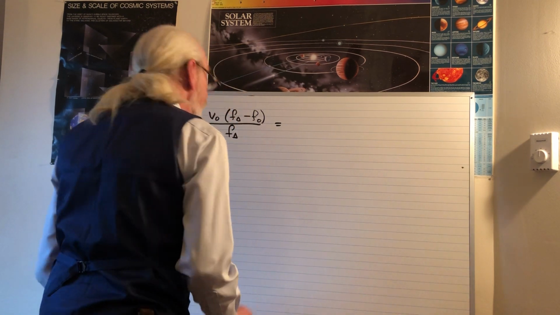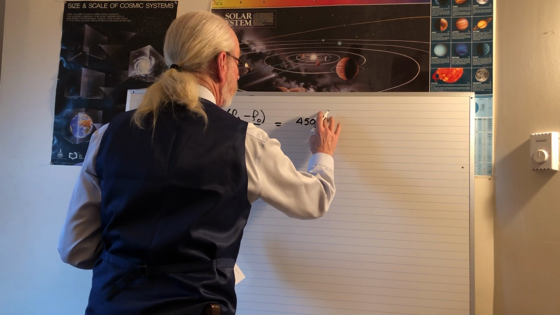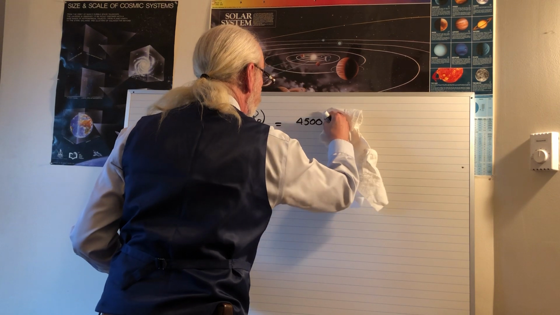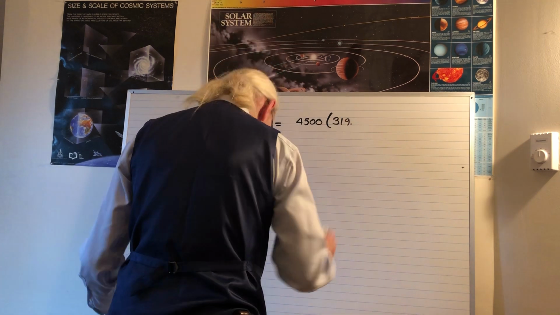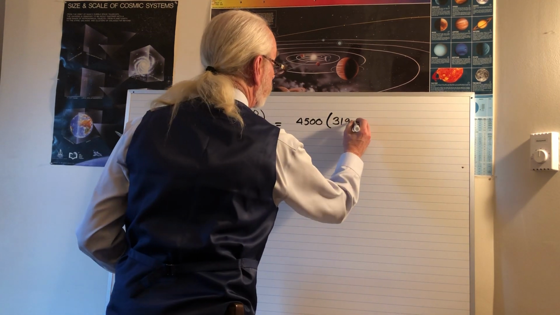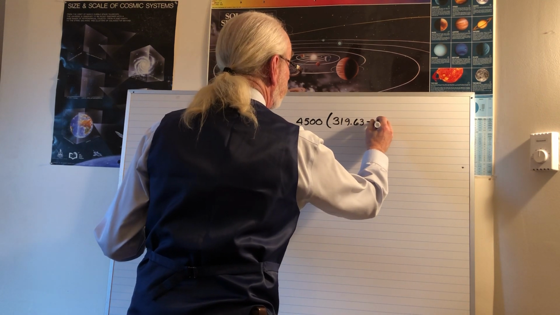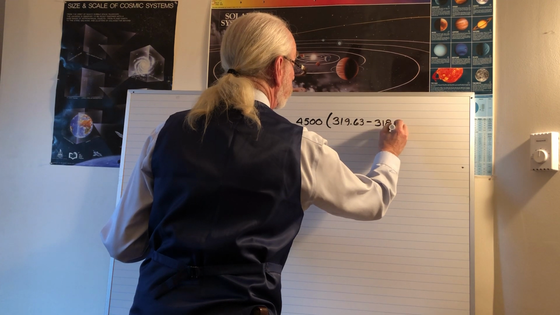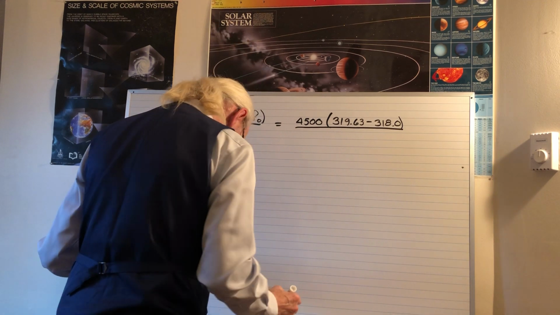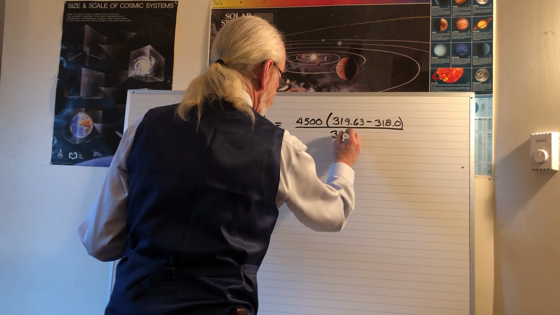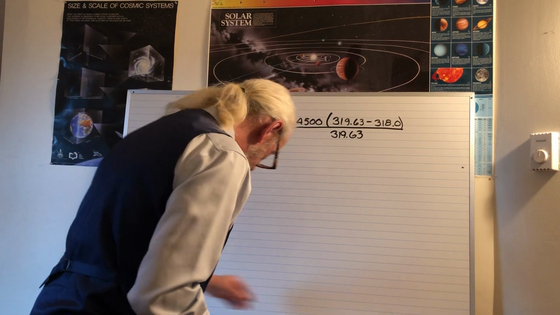We know that the speed of sound in the water is 4,500 feet per second. The changed frequency is 319.63. Minus the original frequency, 318.0, over 319.63. Okay, so now it's just a matter of crunching the numbers again.